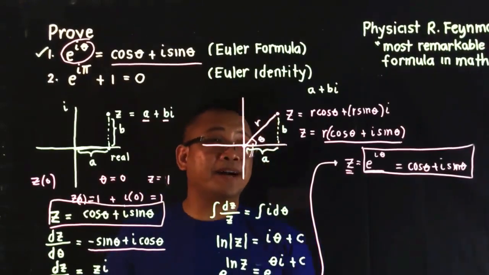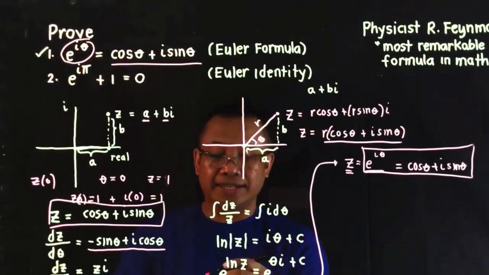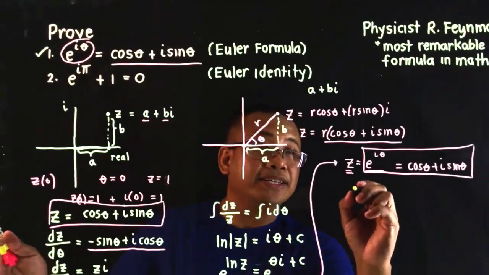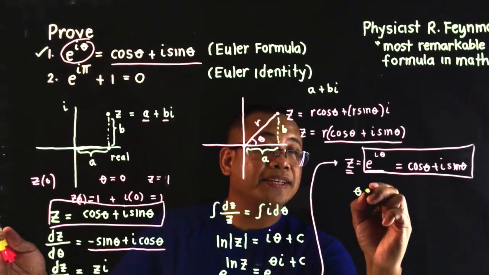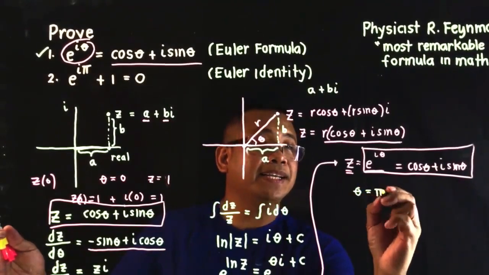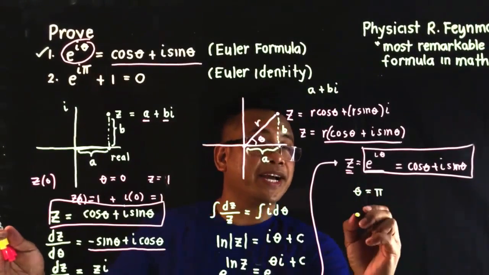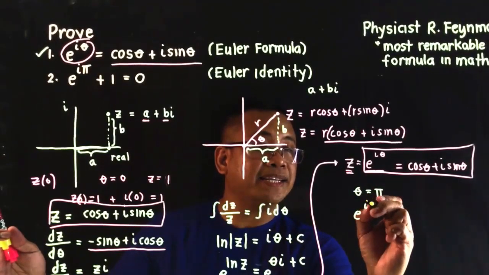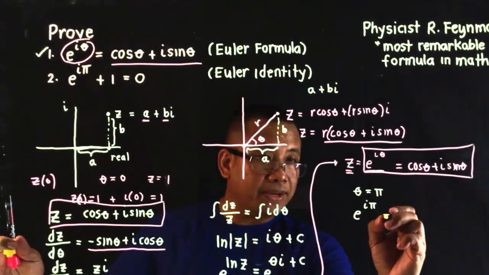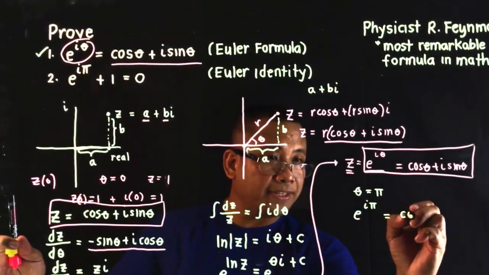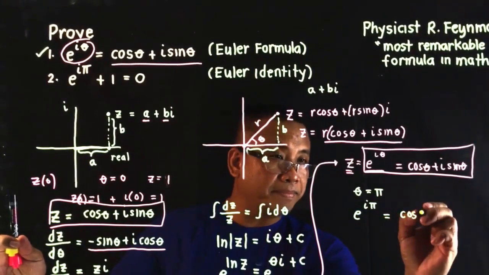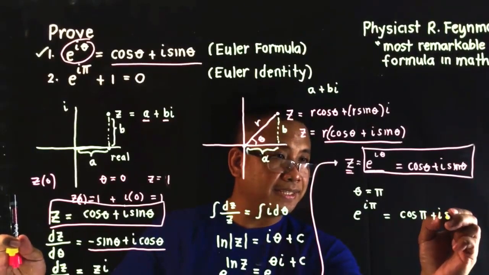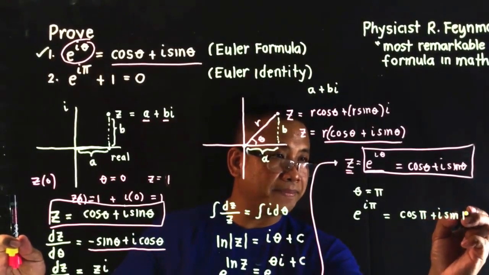Now, a special case of this Euler formula is when we let theta be equal to pi. So if theta is equal to pi, this equation now becomes e raised to i times pi is equal to cosine of pi plus i sine of pi.